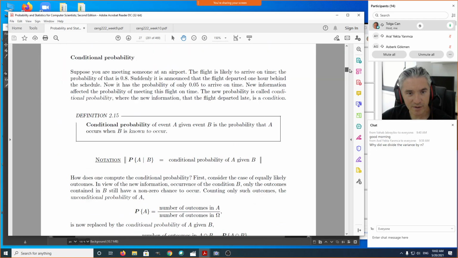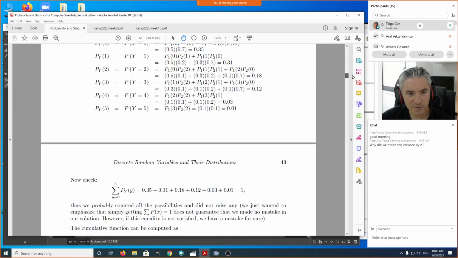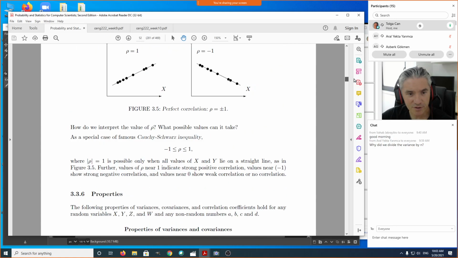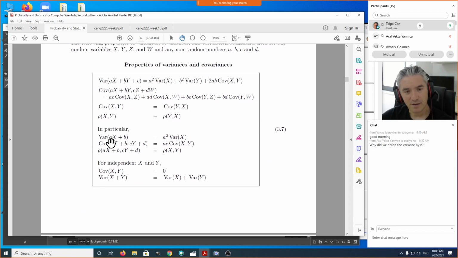So let's see why it was like that. Right, linearity of expectation, expectation of a function, covariance, yeah, right here. So here, the variance of a sum comes from here. So the variance of the sum is this.